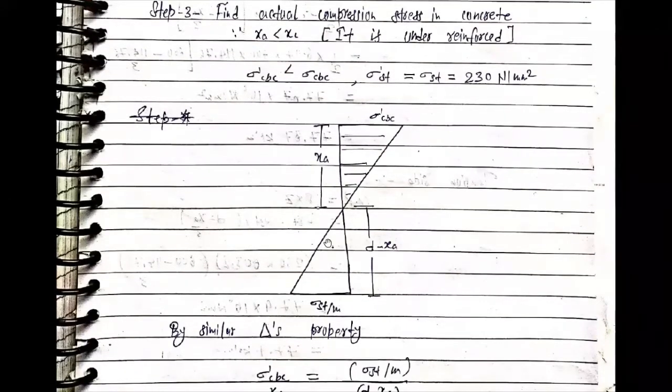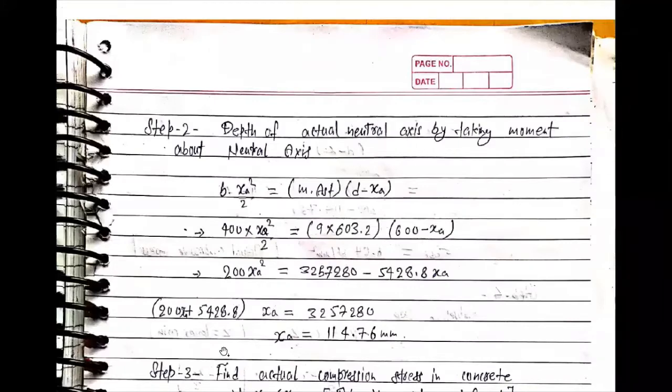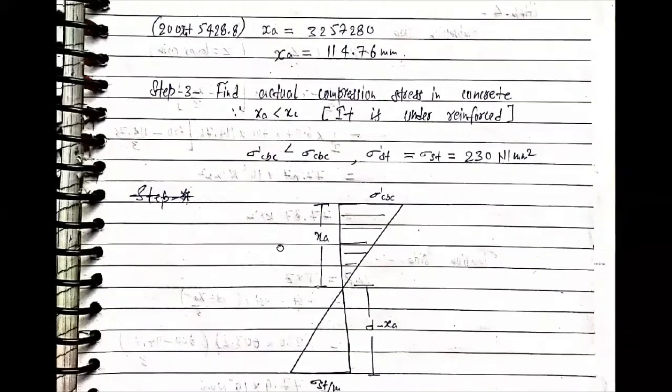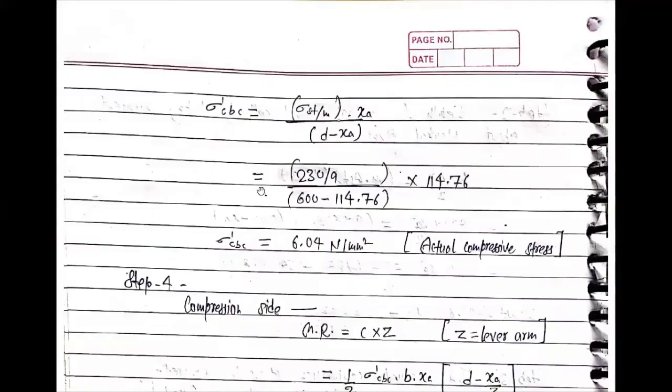So by applying the property of similar triangles, sigma dash CBC upon XA is equal to sigma ST upon m into D minus XA. From here we can calculate the value of sigma dash CBC.